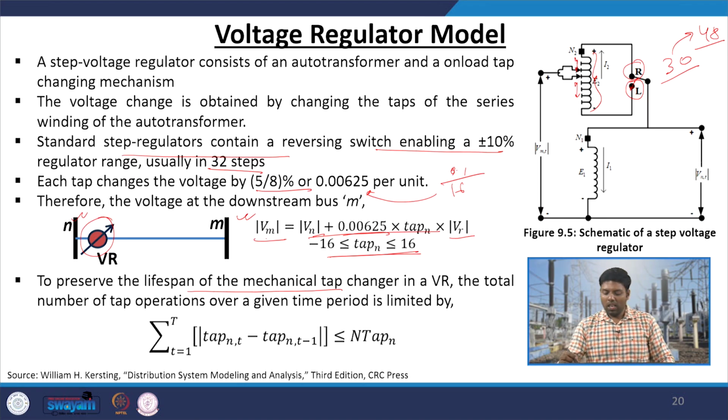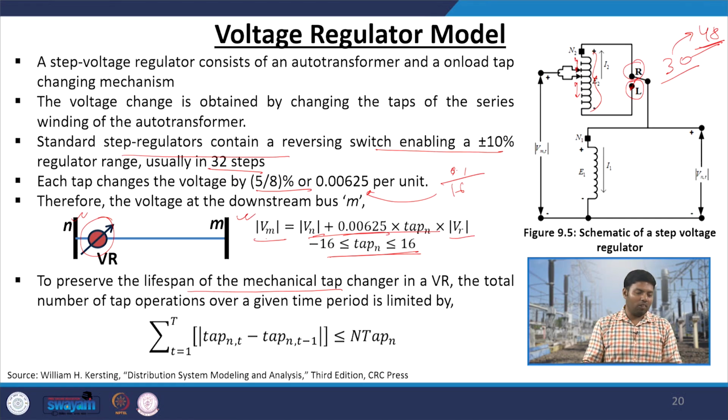Your load is varying at every half hour, so you have to change your voltage regulator taps 48 times. That means one mechanical device is experiencing wear and tear 48 times in a day.